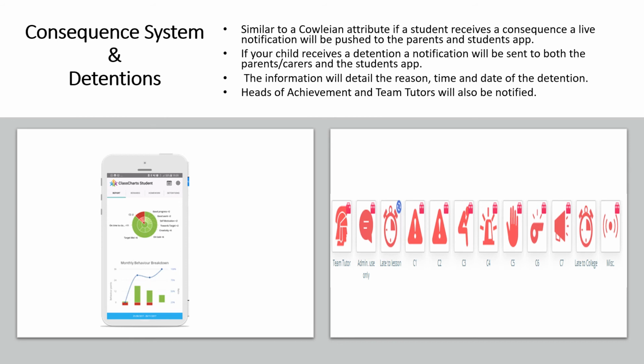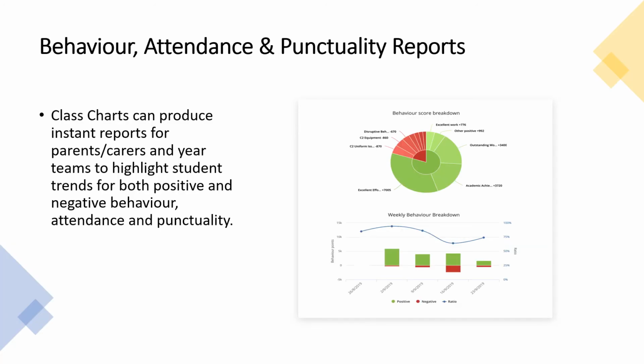Heads of achievement and team tutors will be able to monitor students in their year group and see how they're doing and intervene if behaviour starts to drop below our high standards. Class Charts also allows us to produce instant reports for parents and carers and for year team staff to highlight student trends in positive or negative behaviour.